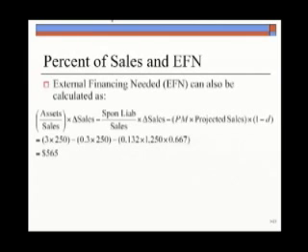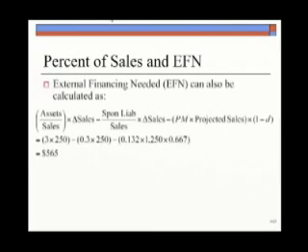The next term is the spontaneous liabilities multiplied by the change in sales, and that's going to be a source of funds. If our liabilities go up by 10%, we've essentially been able to borrow 10% more from our liabilities. And the third part, the profit margin times projected sales, tells us how much net income we're going to have.